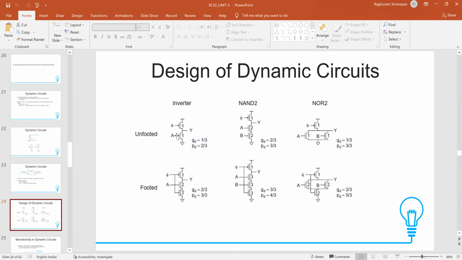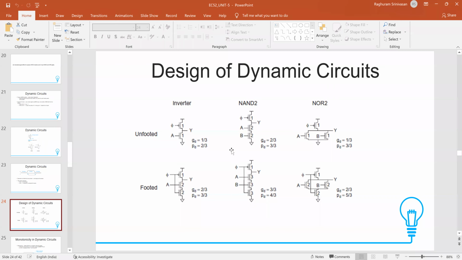In the unfooted version, just the transistors for the network are there. In the footed version, one extra transistor with the clock signal will come into the picture. And when you're doing the transistor size calculation, you have to include that transistor also. So even though in this 2-input NAND gate, the middle picture, bottom footed row, it is only a 2-input NAND gate, there are 3 transistors in the pull down network, because the third one is the footer transistor.